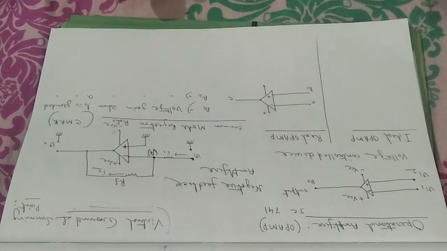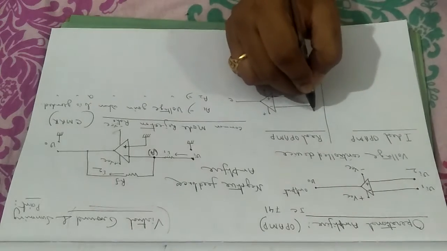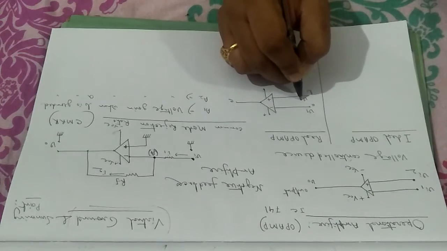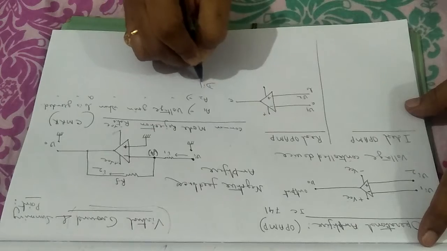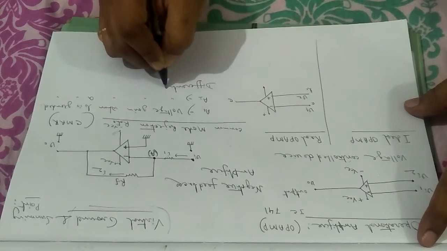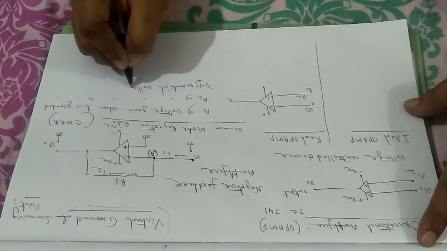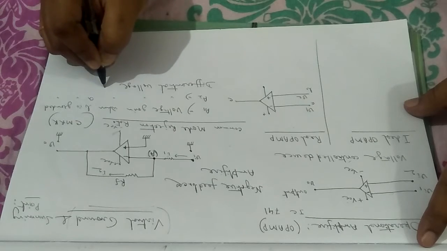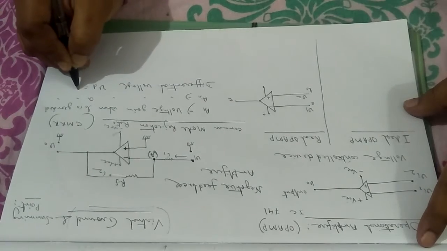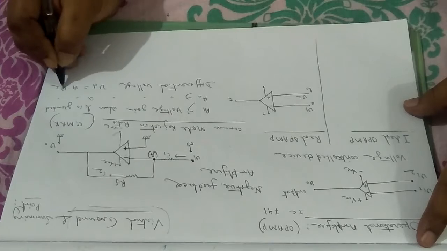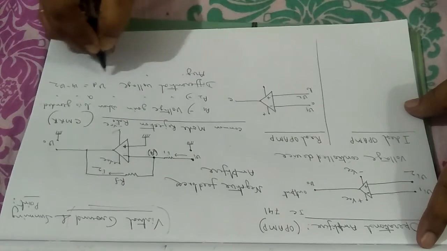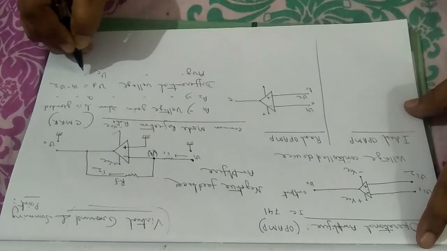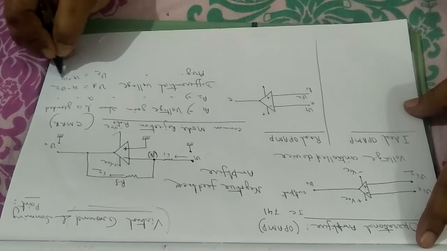Okay, so if we are applying V1 voltage here and V2 voltage here, then the differential voltage can be written as Vd, that will be equal to V1 minus V2, and the average voltage can be written as Vc, that will be (V1 plus V2) by 2.